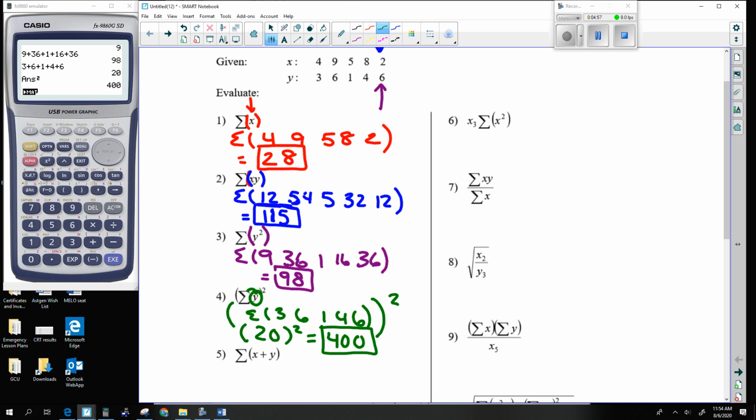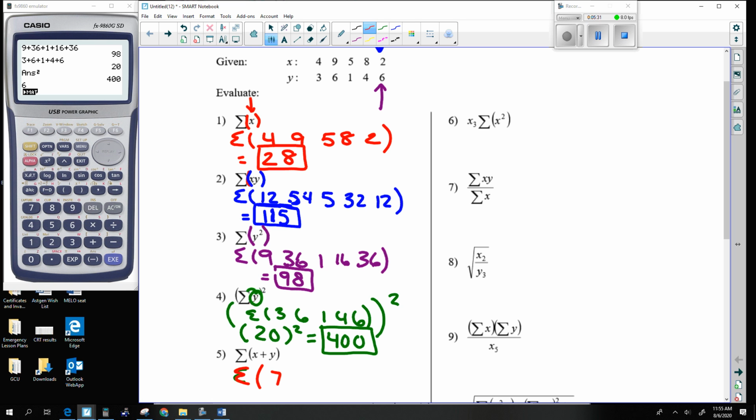All right, number 5. Sorry, I'm working so low on the screen here. 5 is the summation of x plus y. So again, take it individual thing by individual thing. So the first is the 4 and 3. So x, 4, plus y, 3. 4 plus 3 is 7.